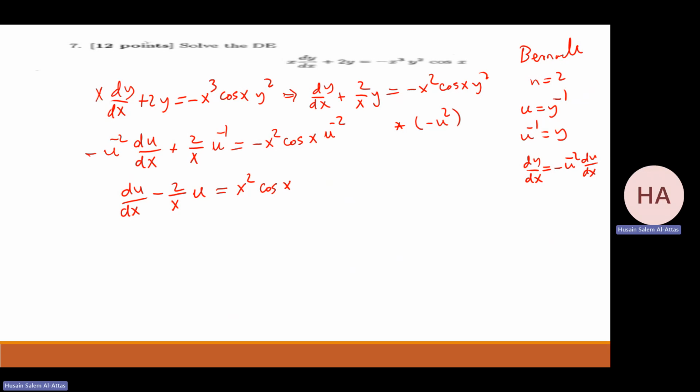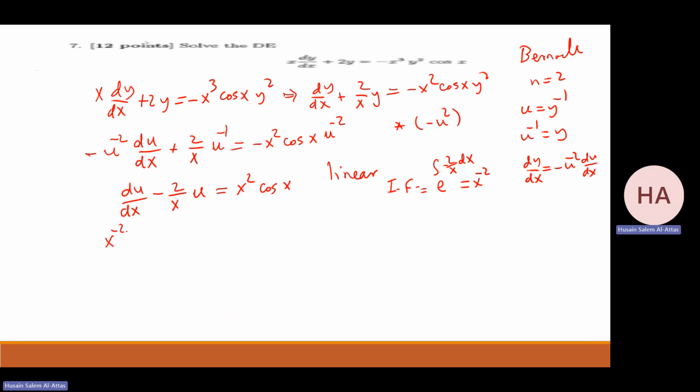That will lead us to what? Yeah. This is linear now. Integrating factor will be e to the integral of minus 2 over x dx, which is x^-2.